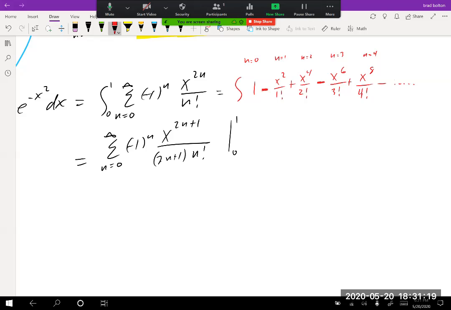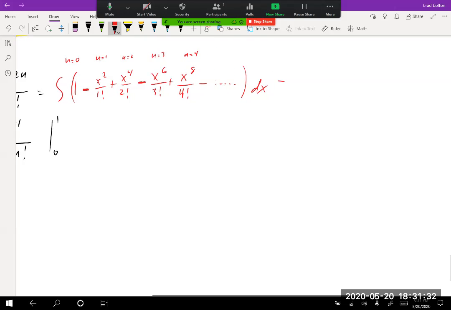And then we would eventually have to integrate this, right? So this is the integral. If we were to integrate it term by term, we would end up with x minus x cubed over, what would this be, 3 times 1 factorial, plus x to the 5th over 5 times 2 factorial minus x to the 7th over 7 times 3 factorial, and so on, right?